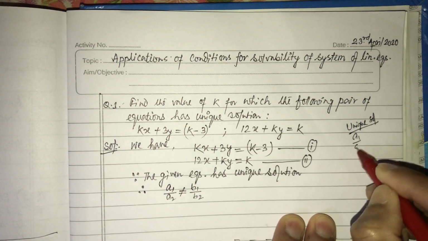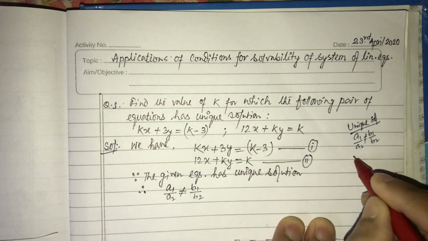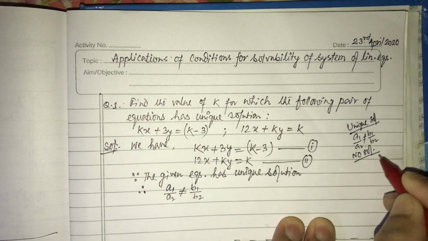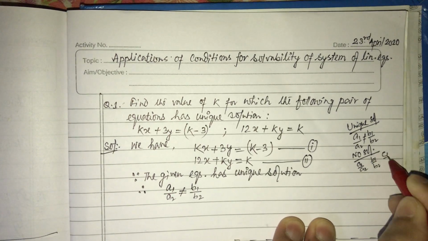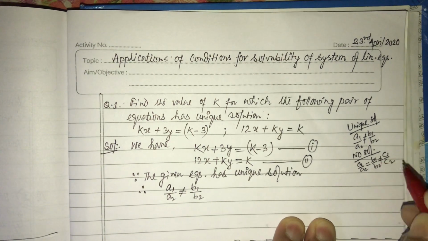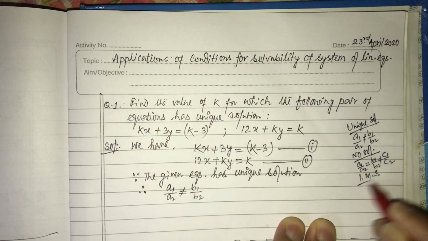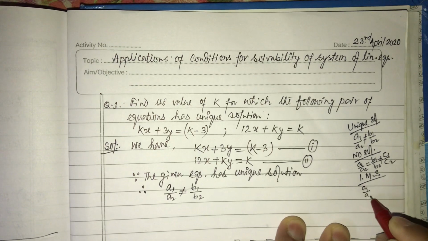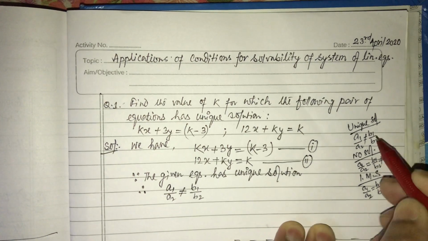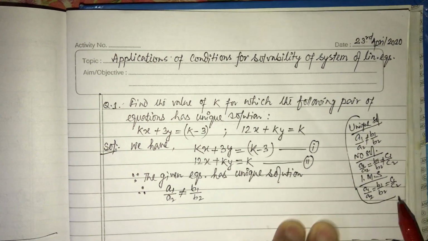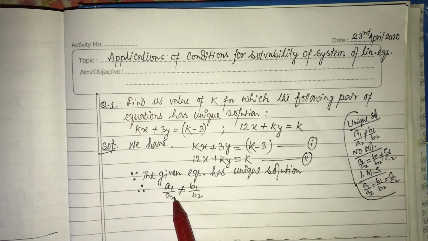For no solution, it was a1 by a2 equal to b1 by b2, but not equal to c1 by c2. And for infinite many solutions, all are equal: a1 by a2 equal to b1 by b2 equal to c1 by c2. These three conditions which we learned yesterday, today we will see their application.